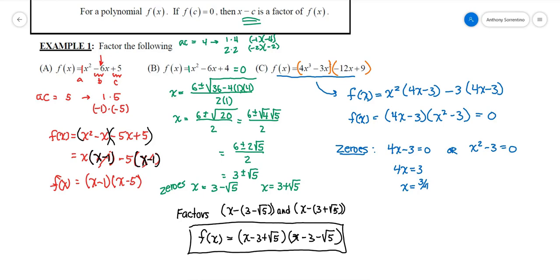I get x equals 3/4. And on this side here, if I take x squared, I get 3, which means x is going to be plus or minus the square root of 3. So my zeros are x equals 3/4, square root 3 and negative square root 3.